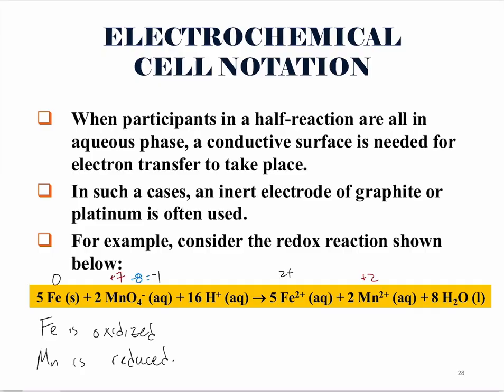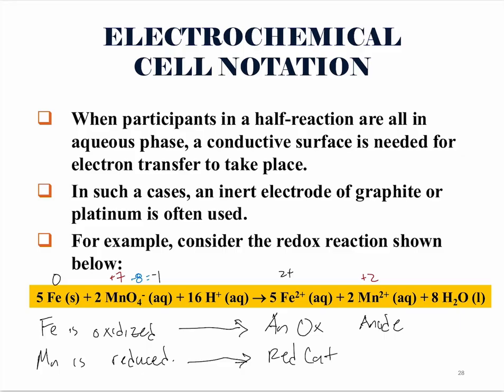So now, if we want to write the electrochemical cell notation for this, iron is oxidized, so what side of the electrochemical cell notation should that be? The left side, because that's where the anode is, right? And ox, this is going to be on the anode side of the electrochemical cell. And then the manganese is going to be where? Yeah, it's on the cathode side, right?